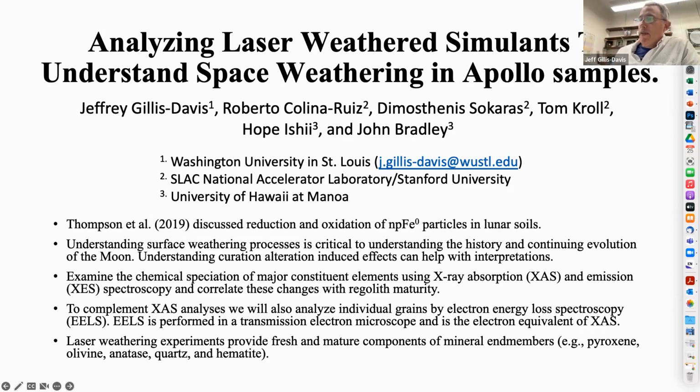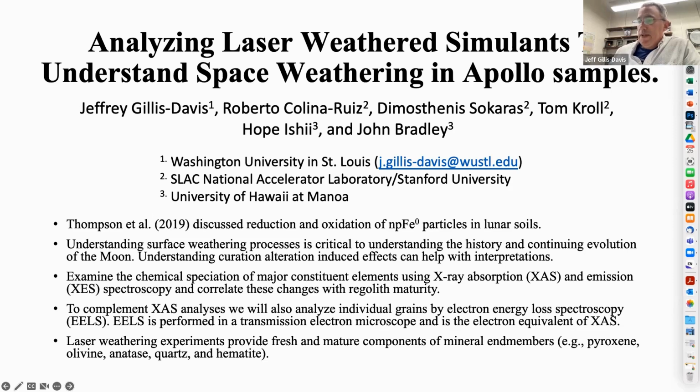And we're pairing that with TEM analysis, using electron energy loss spectroscopy, or EELS, as an equivalent but much higher spatial resolution than the X-ray absorption at SLAC. And the TEM work is being done by Hope Ishii and John Bradley at University of Hawaii.